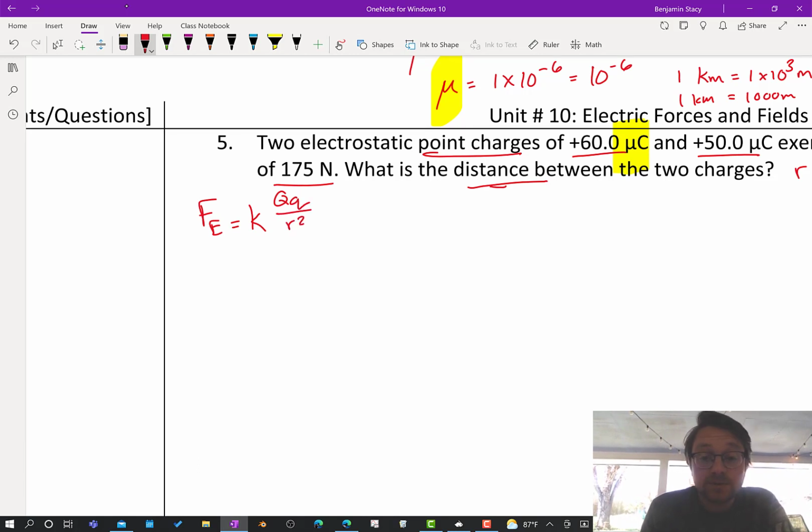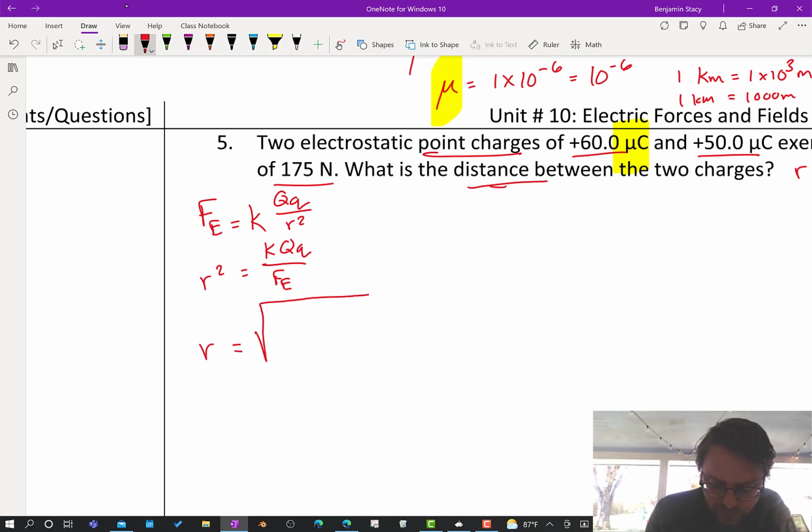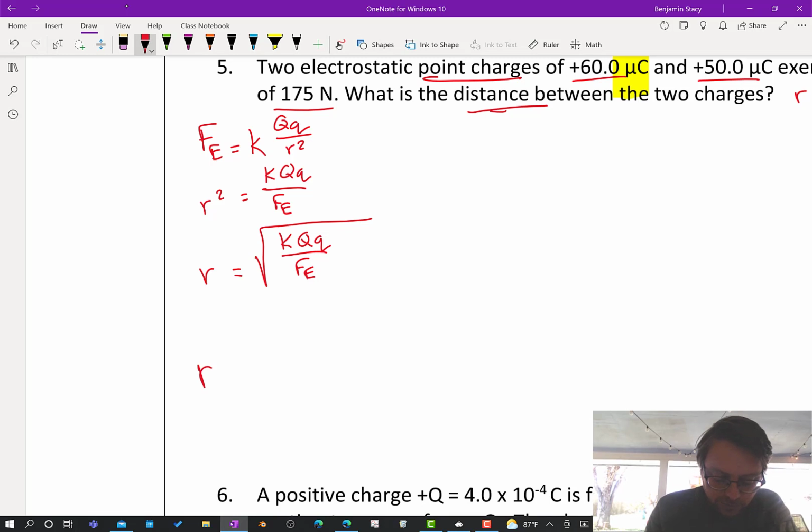We want to get R by itself, so I'll multiply both sides by R squared and divide by Fe, so that I have K big Q little q over Fe. Then I need to take the square root. Square root K big Q little q over Fe. Now we're ready to put our values in.